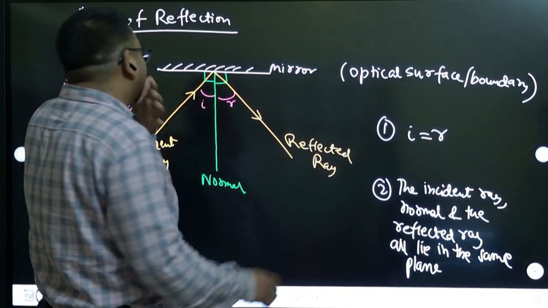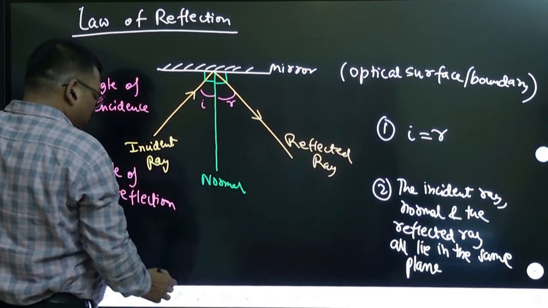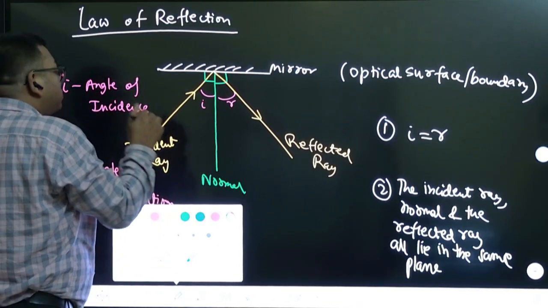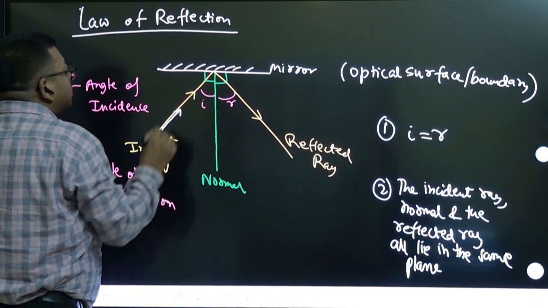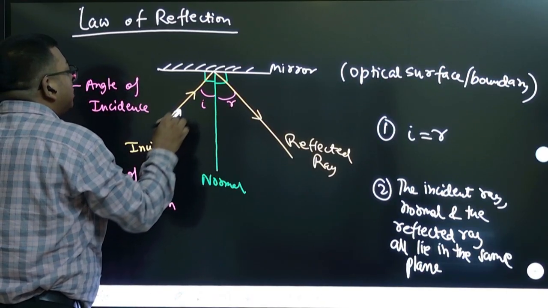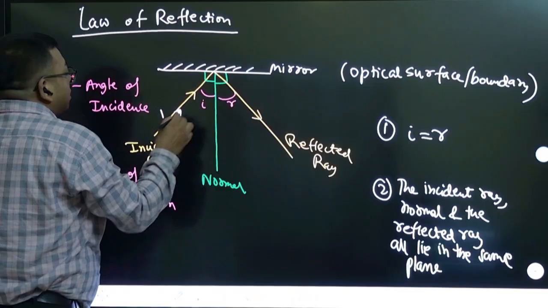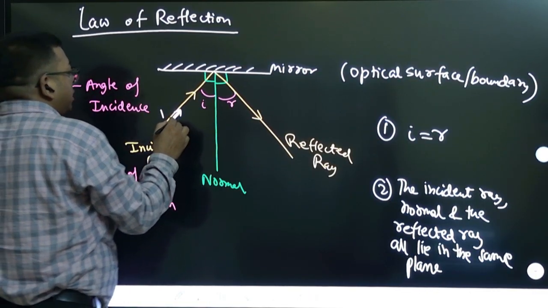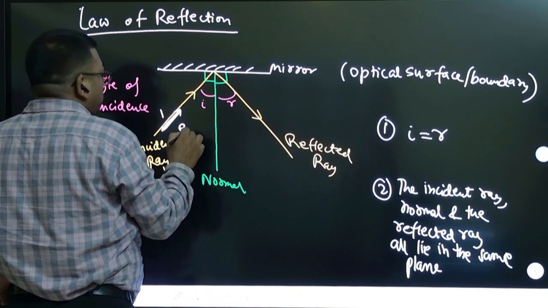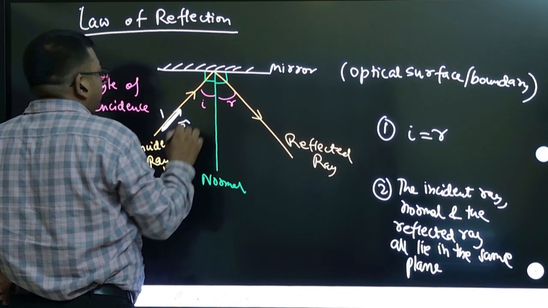Now we will discuss the vector form of this. Suppose there is a unit vector in this direction. Unit vector means its length is 1, and it's a vector. Let us represent this as E_I cap.